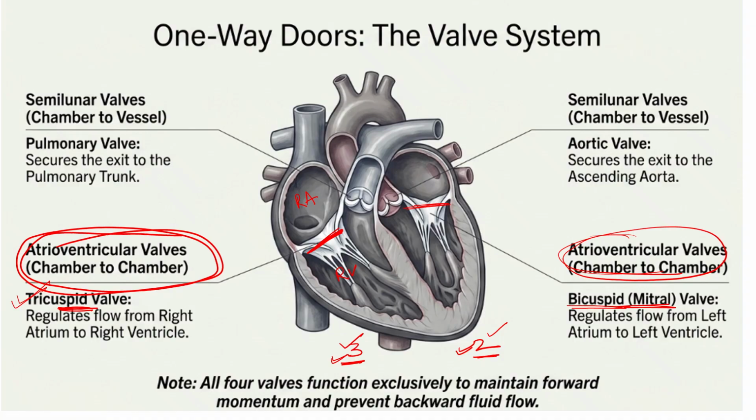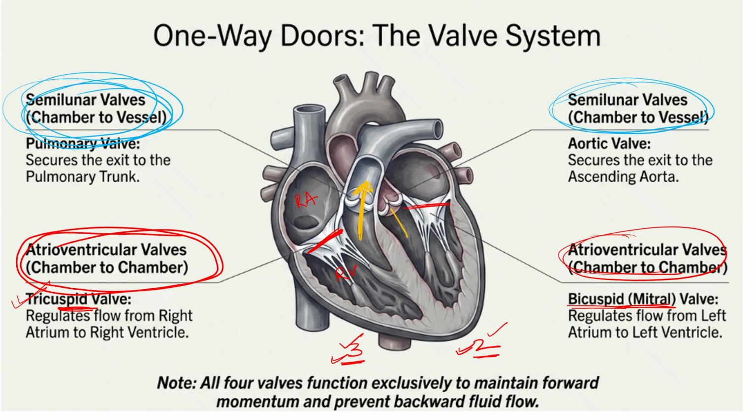Now another type of valve is present between the ventricle and the artery. These are semilunar valves. I'll just highlight the diagram this way. You can see this is the blood ejecting out from the ventricles.